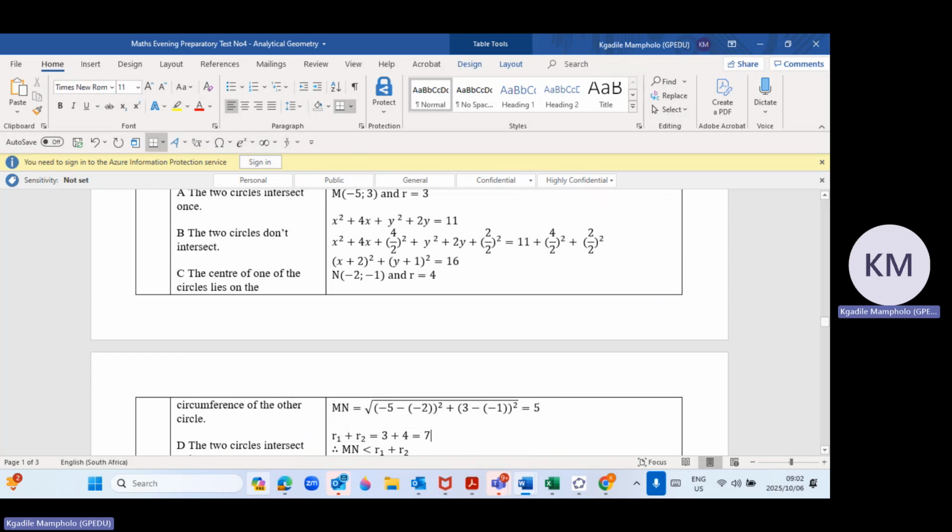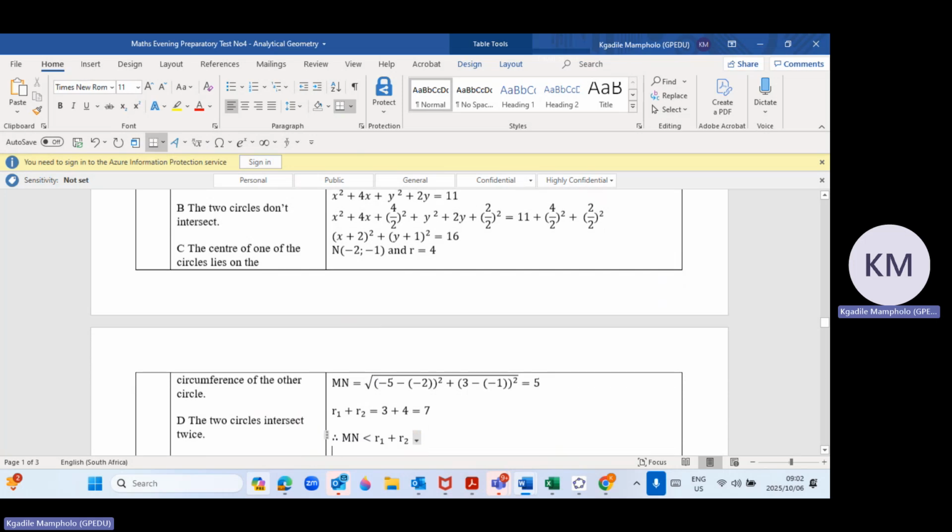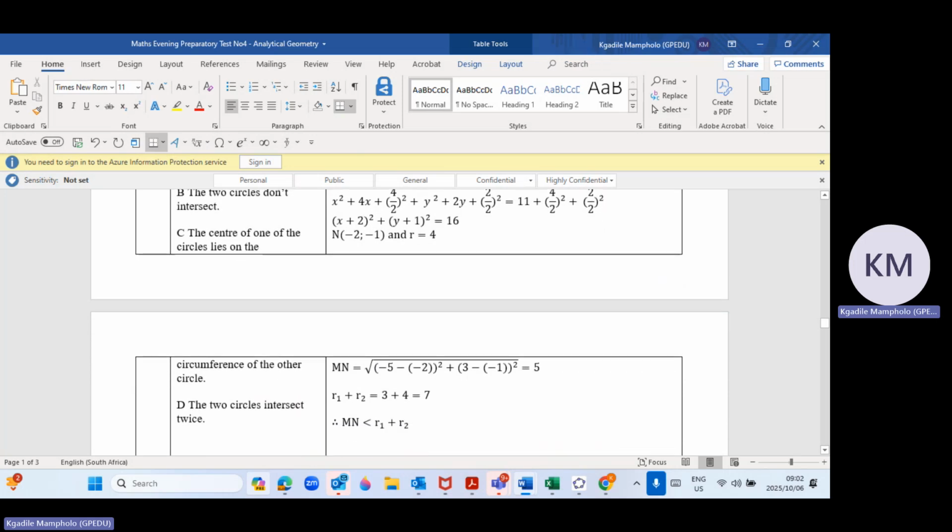Now let's look at the sum of the radii. The radius of one circle is 3, the radius of the other is 4, so the sum is 7. But if you see, the length of MN, which is the distance between the centers, is less than r1 plus r2, then we know the circles intersect twice.